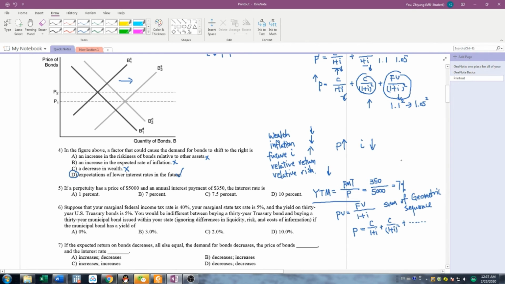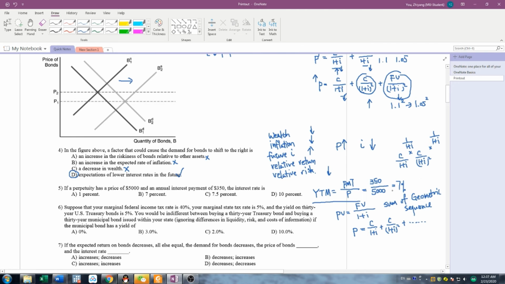In this case, the first term is C over 1 plus i, and the second term is nothing but the first term divided by a ratio, which is 1 plus i, or multiplied by the same ratio. So this thing equals this. And every following term is nothing but the former term times 1 over 1 plus i.